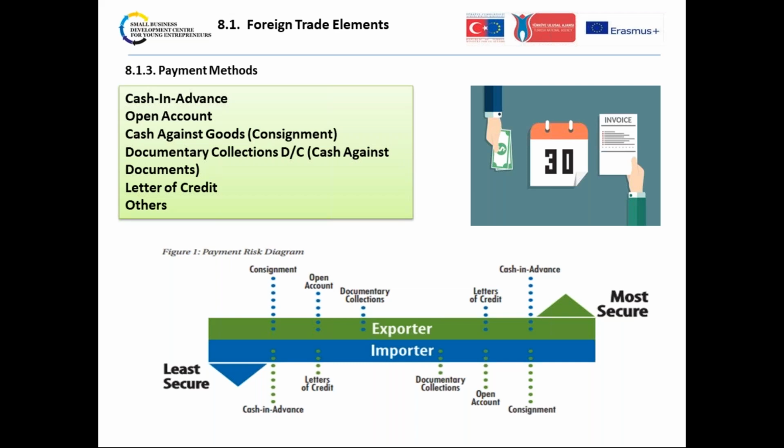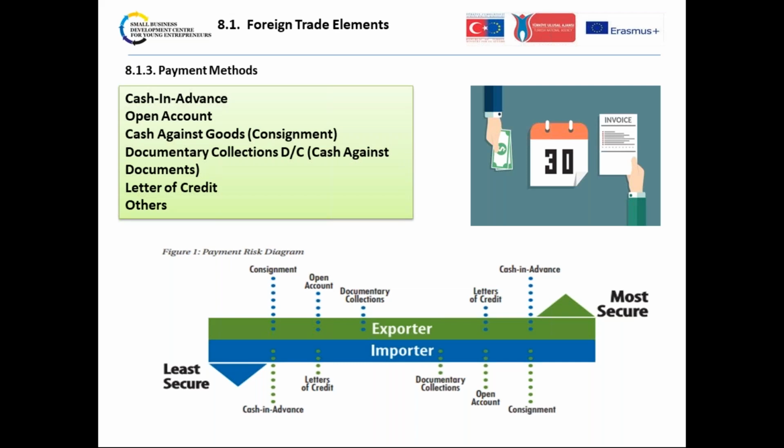So in the graphic on the screen, you see the advantages and the disadvantages of being an exporter and an importer within these payment terms. Let's check. You are an exporter and you are selling goods, and which one is the best payment term for you?